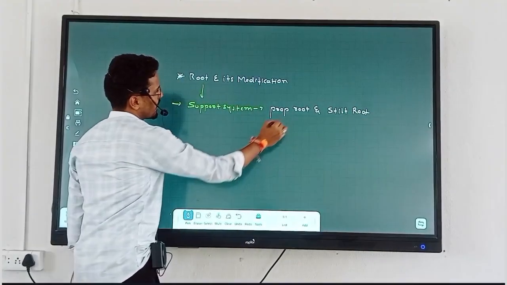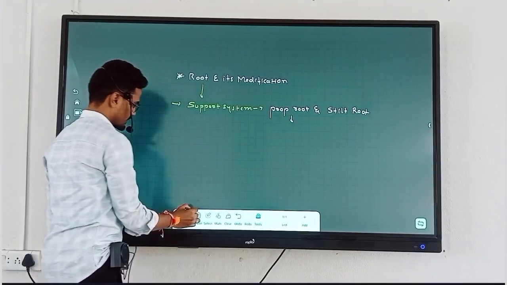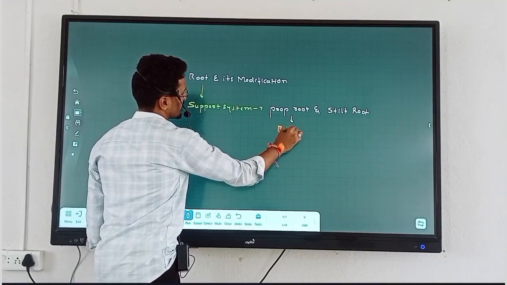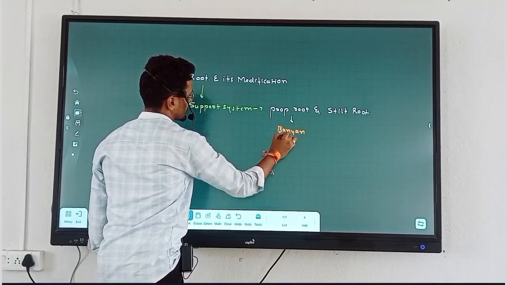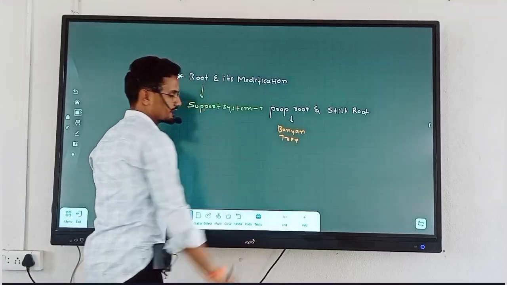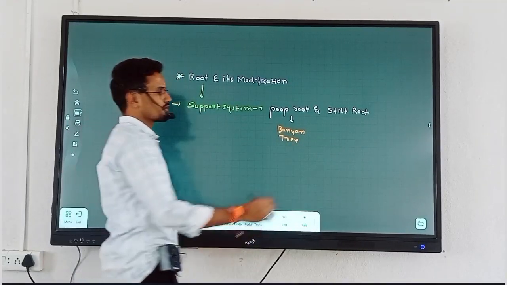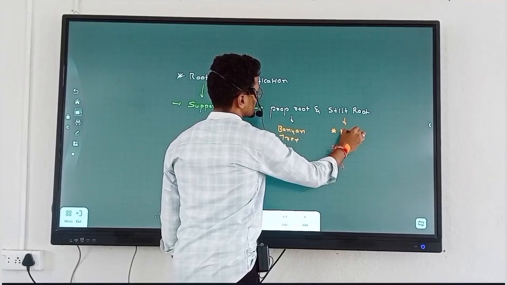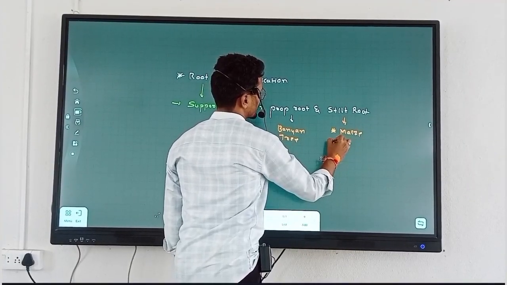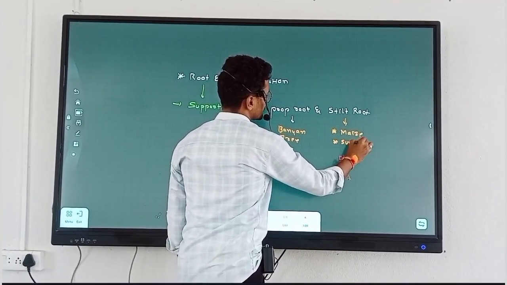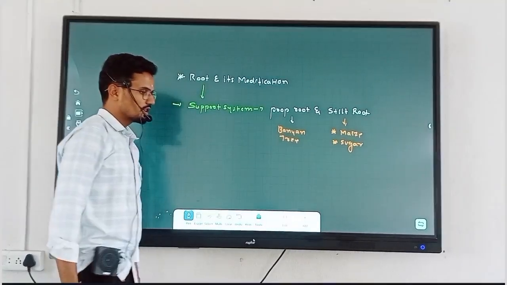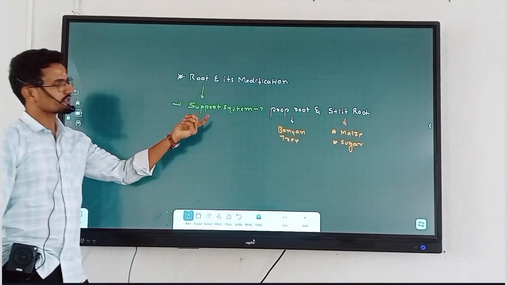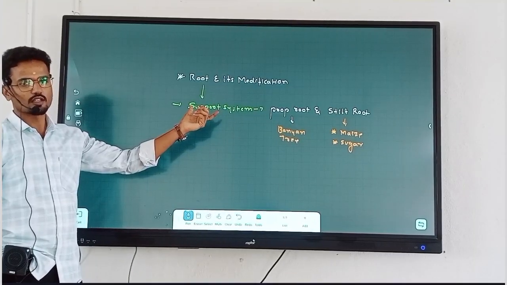The prop root we have seen in banyan tree, and like that the stilt root we have seen in maize and sugarcane. So these are two types of supportive modifications in a root.